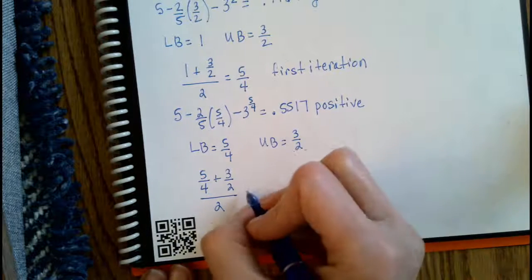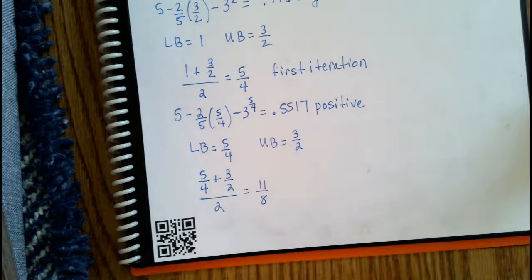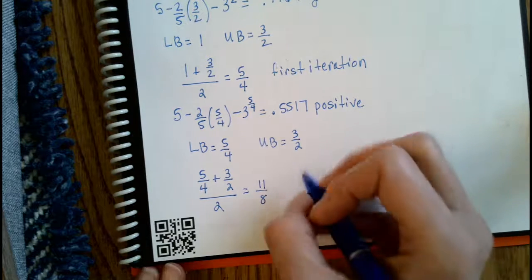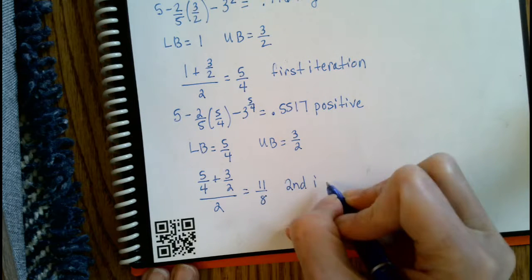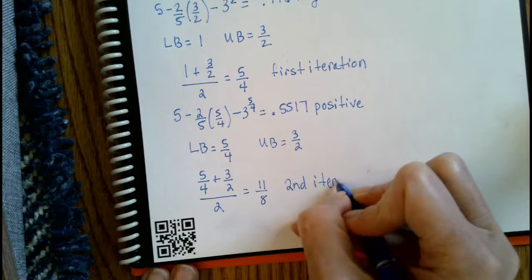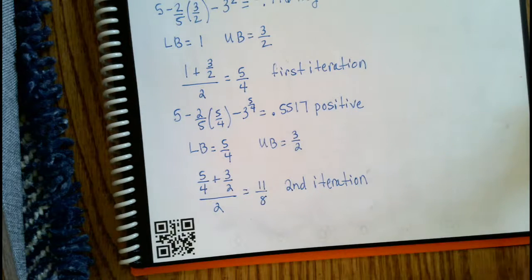Again, I've done this work already. I used my calculator. Feel free to use Desmos, but we get 11/8, and this is our second iteration, but we need the third here.